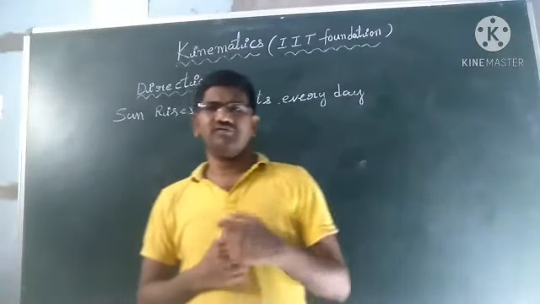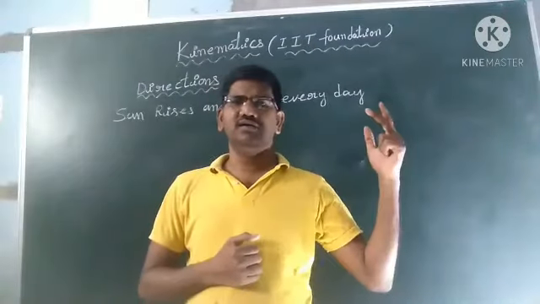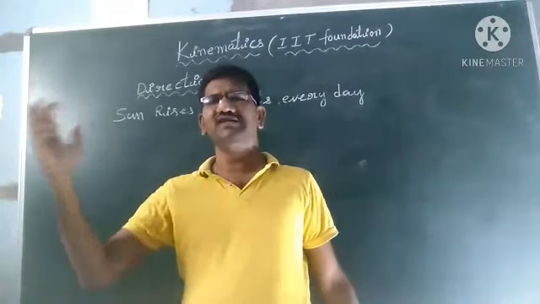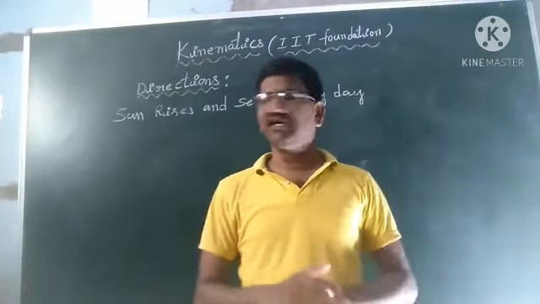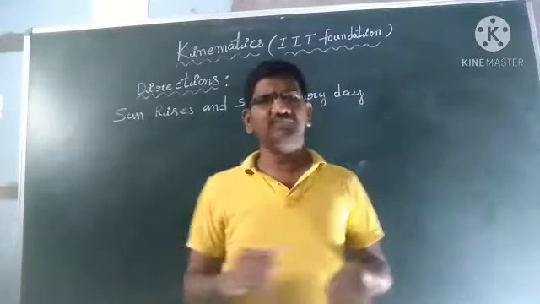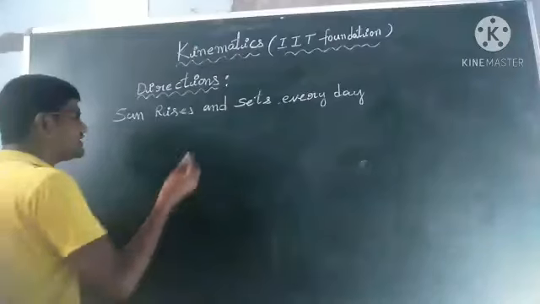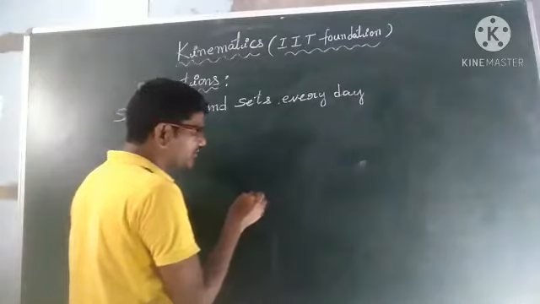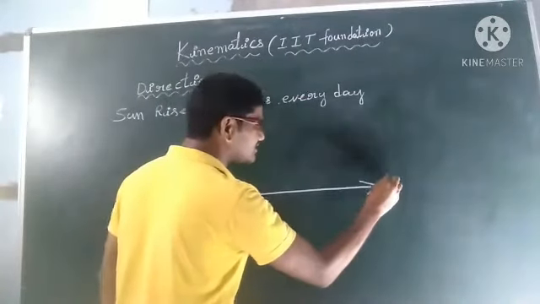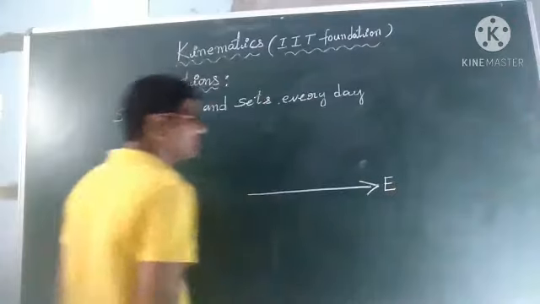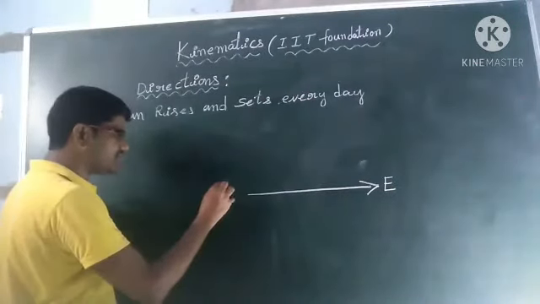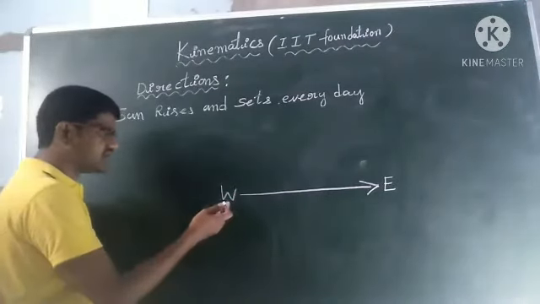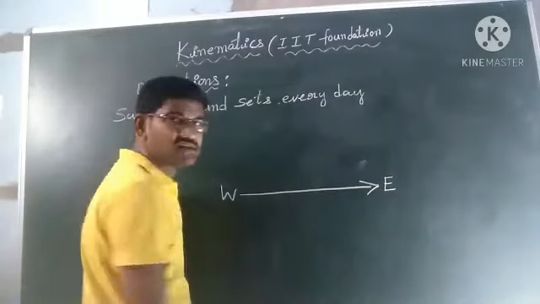While standing facing the sun, our left hand side direction is taken as the north, and the right hand side direction is taken as the south. Exactly opposite of east is called, what do you know, my dear students? West. So the sun sets in the west and rises in the east.